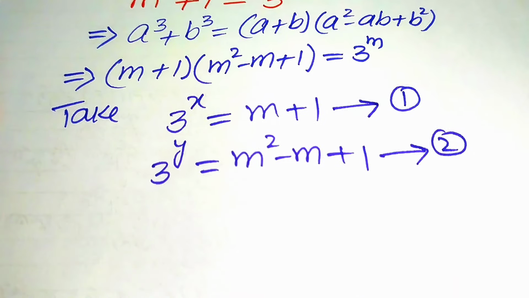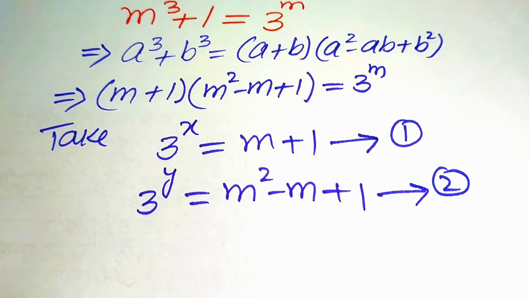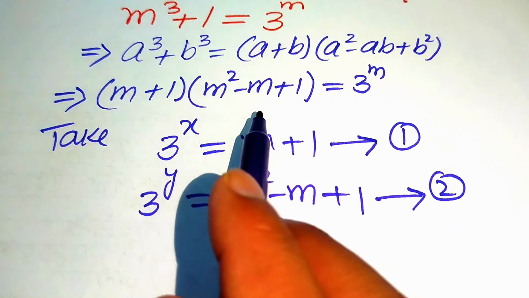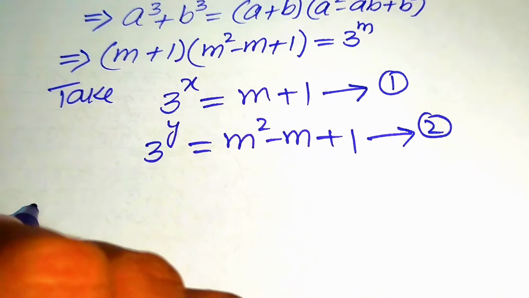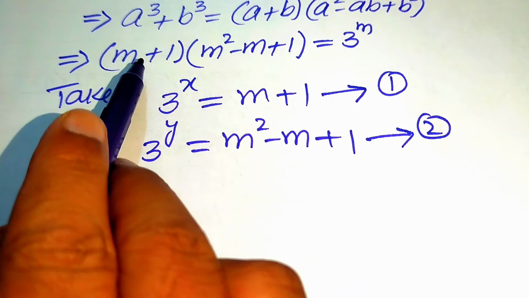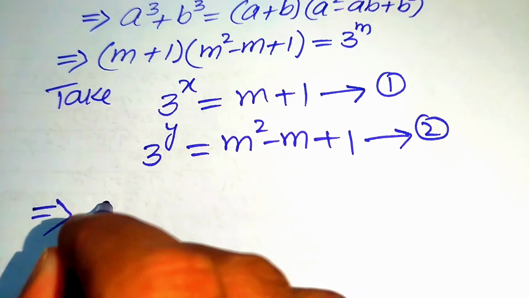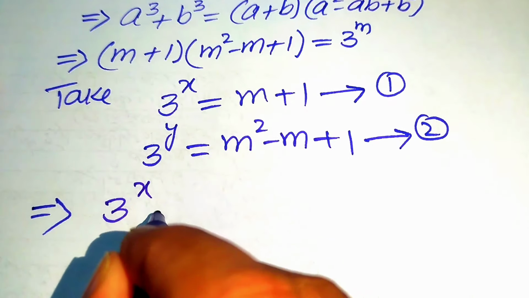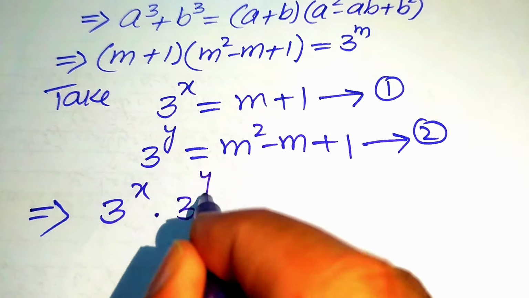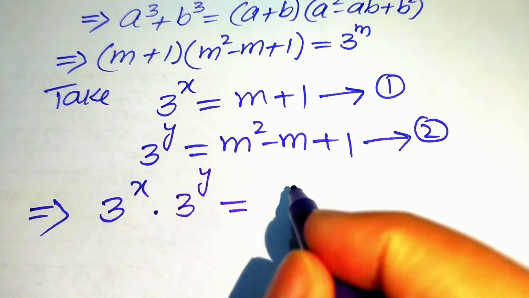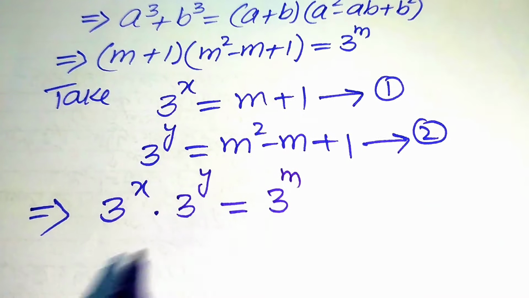So now we substitute these two values in the above equation. As we take m plus 1 equals 3 to the power of x, it becomes 3 to the power of x multiplied by 3 to the power of y equals 3 to the power of m.